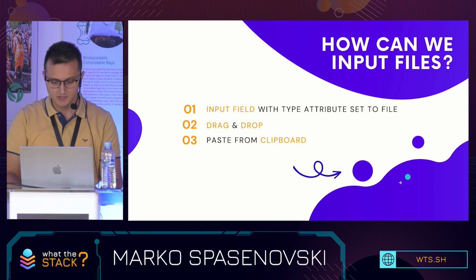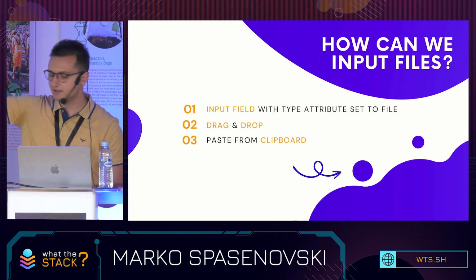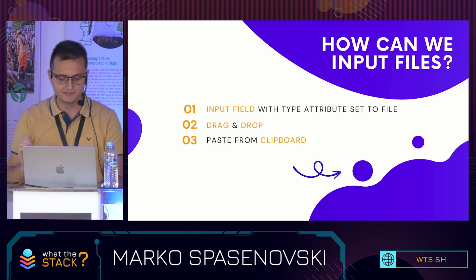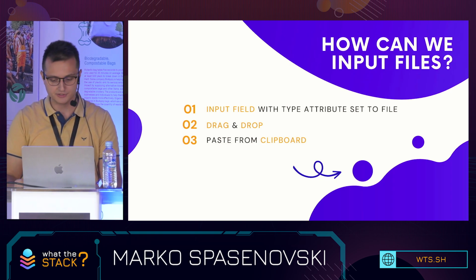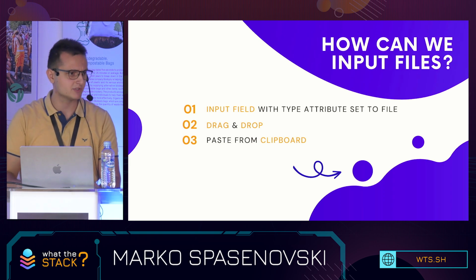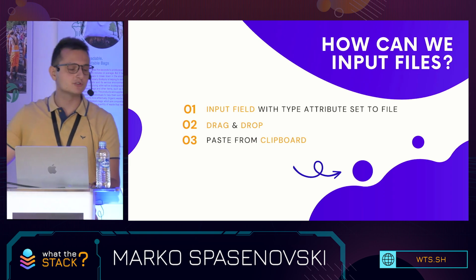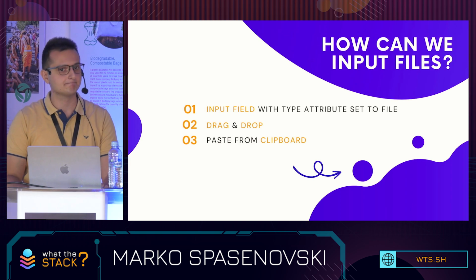The common thing between the first two ways is that they both use the file API on the browser. The last one uses the clipboard event, which is something different, but we're not going to talk about that today.